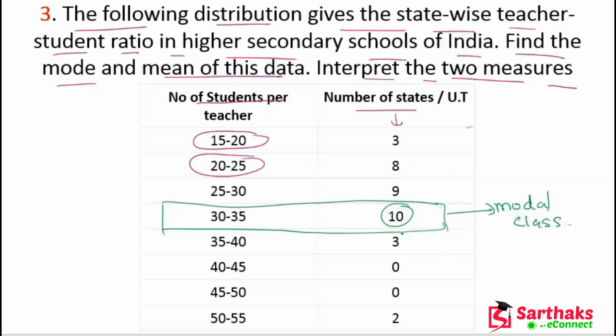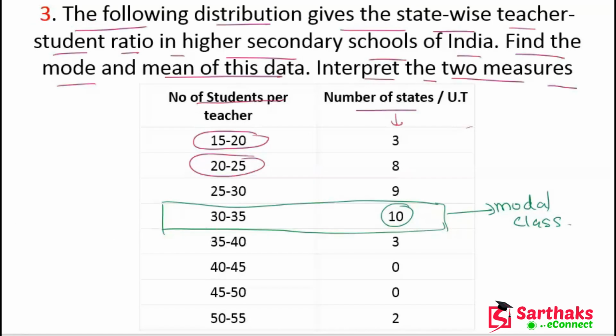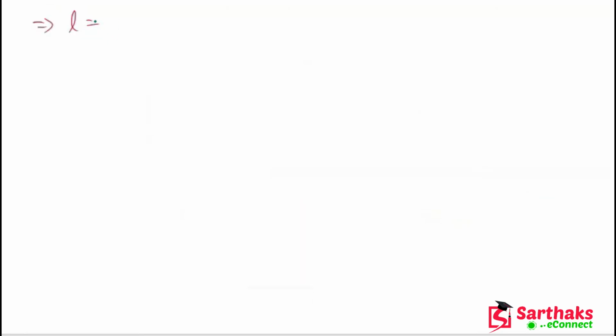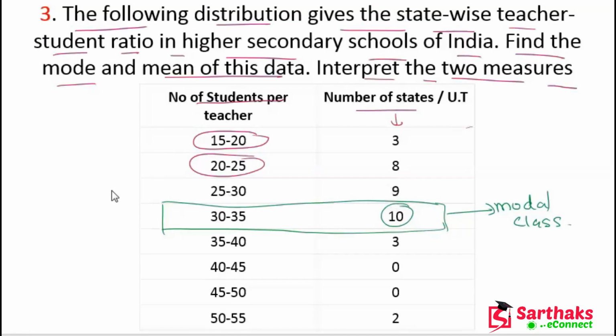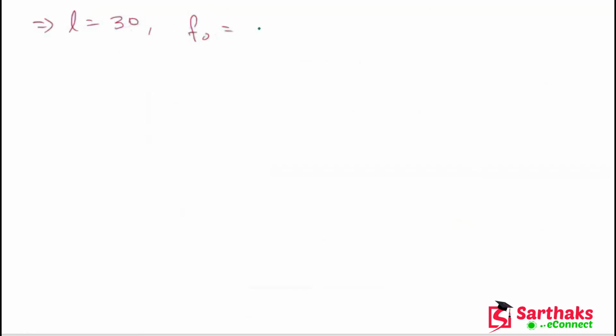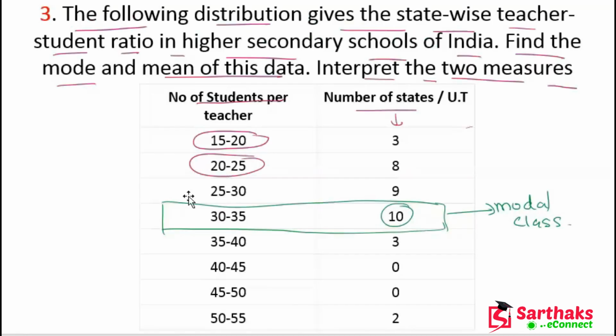So from this we can write L, the lower limit of the modal class, means 30. F0 we can see from the table is 9. And F1, which is 10, and F2 is 3, which is the frequency of the class succeeding the modal class.